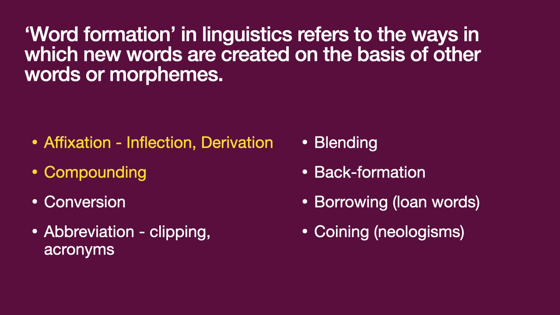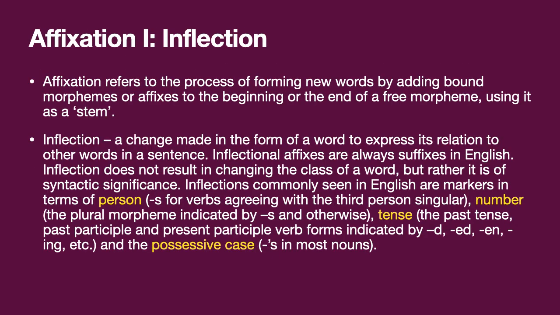And compounding is when two or more free morphemes come together to form a new word. So these we have already studied, but still we will go through that very quickly in this lesson. But apart from that, there are other methods of word formation such as conversion, abbreviation, blending, back formation, borrowing, and coining. So we will start with what we know.